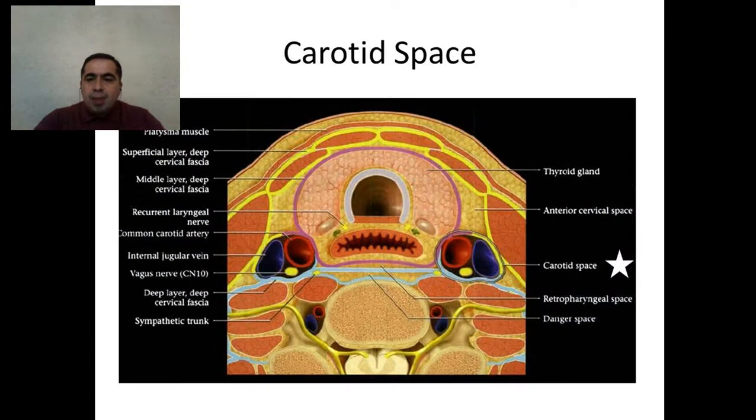The carotid space, again, the carotid space with the internal jugular vein here. The common carotid artery, I want to explain the common carotid artery up to the thyroid cartilage. After the thyroid cartilage, it is the internal carotid artery and the vagus nerve.